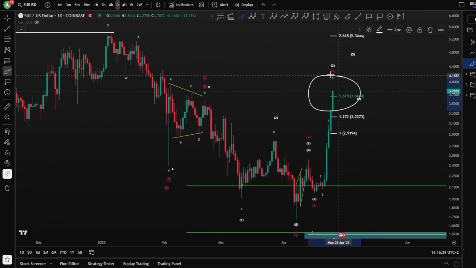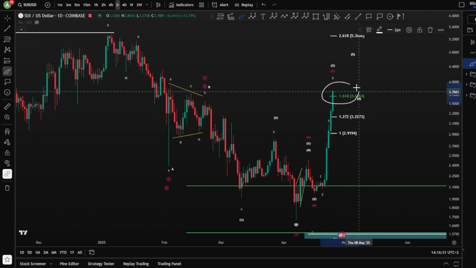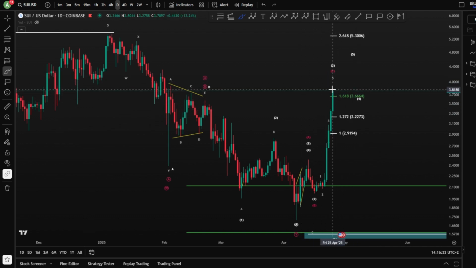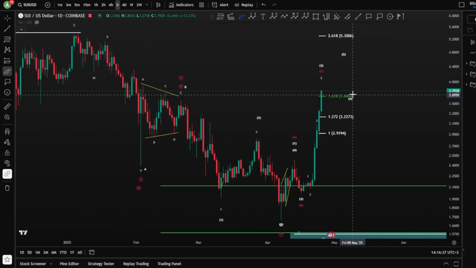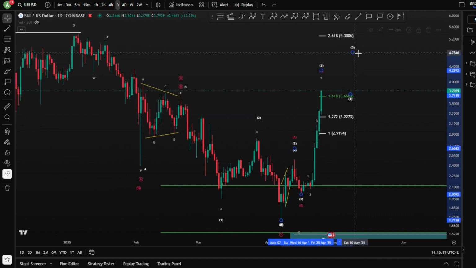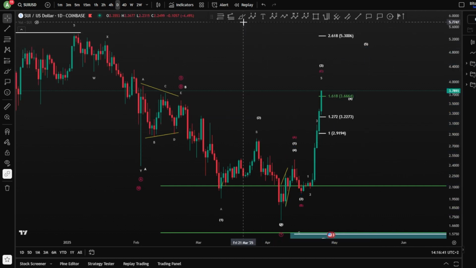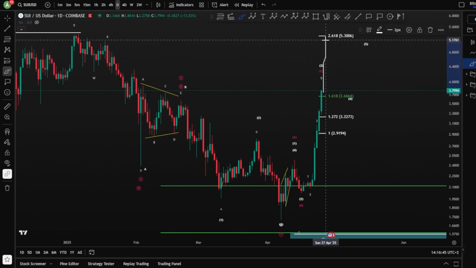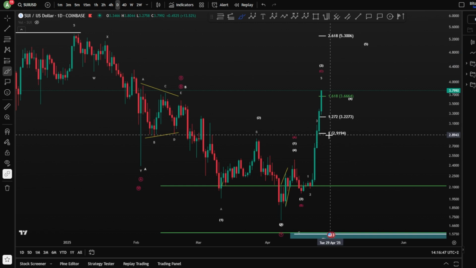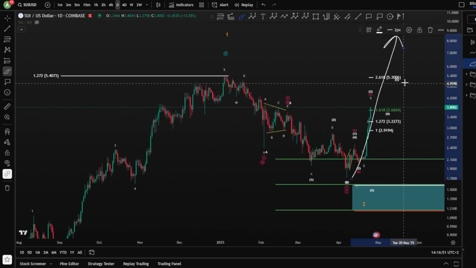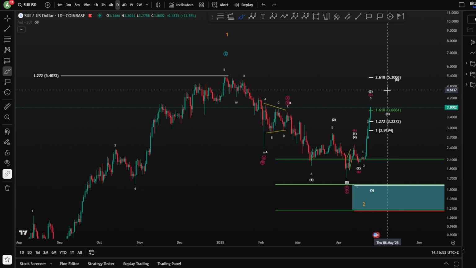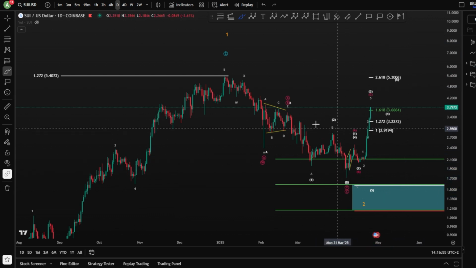Yeah, but trade safe always, as I mentioned, guys. Trade safe always, because of course we're going to get some reversal for a wave 4. We're looking for a wave 4 and wave 5 after it. But I still think that it might move really high, and this might be the signal of a massive wave 3, explosive, massive wave 3, which I always talked about starting from this area.